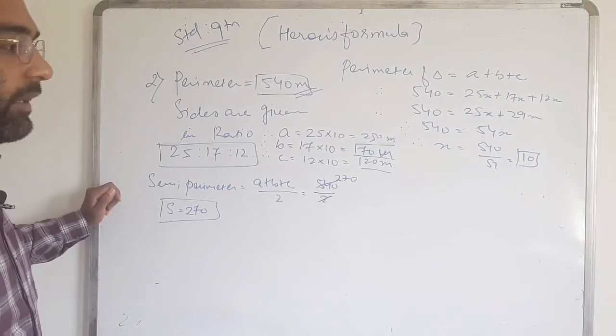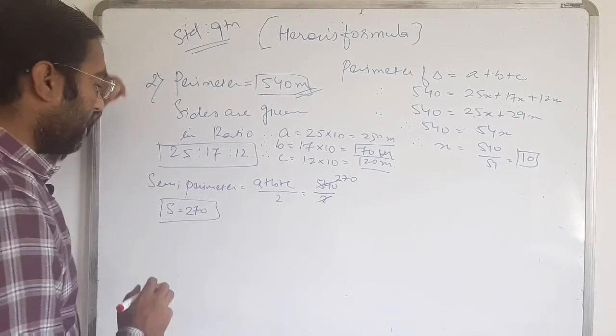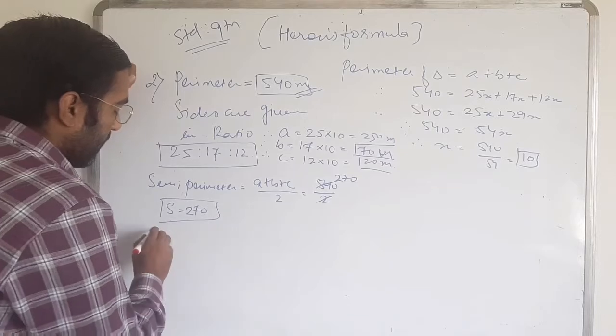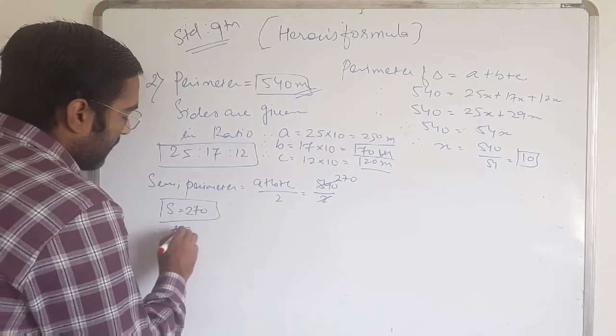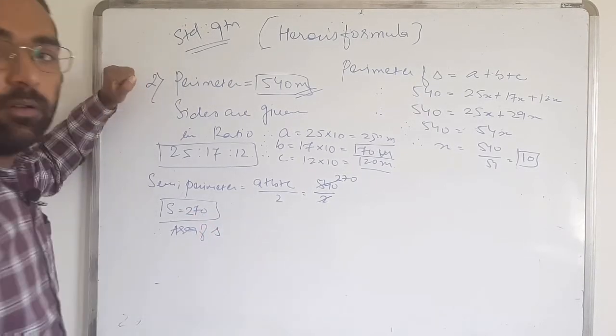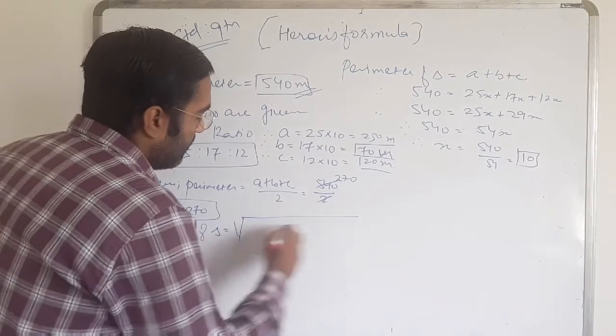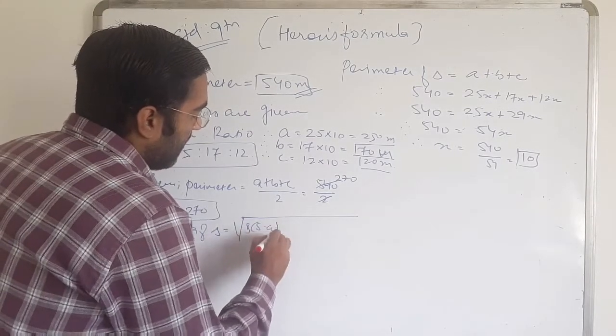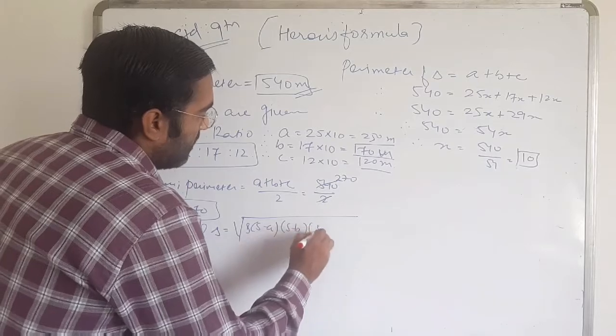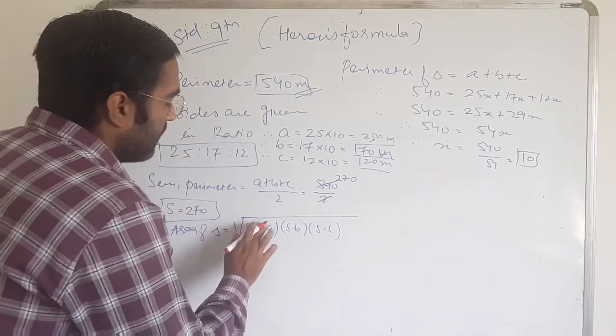Now we have to calculate the area of the triangle using Heron's formula. So the area of the triangle is equal to the square root of s into (s minus a) into (s minus b) into (s minus c).